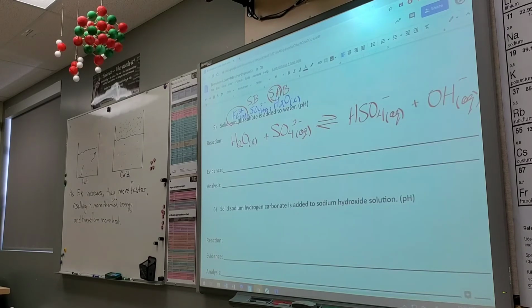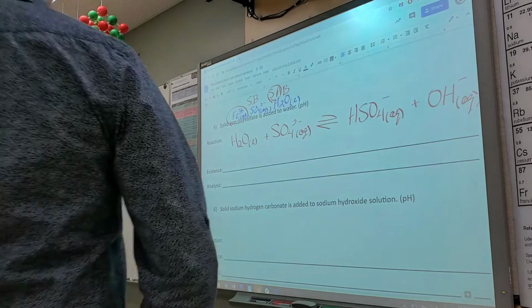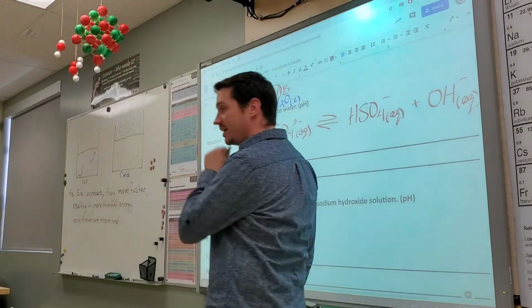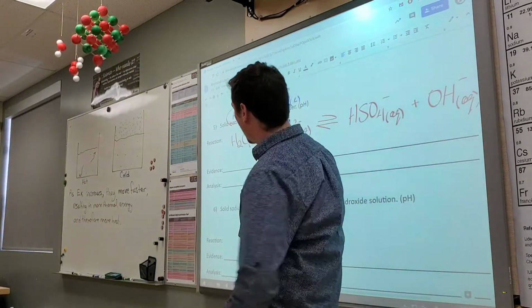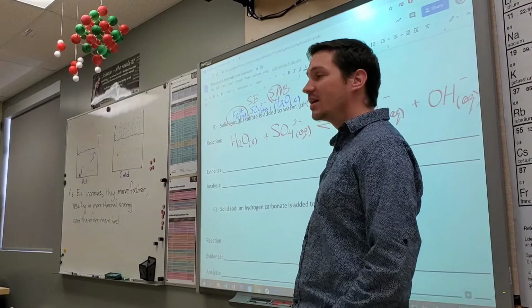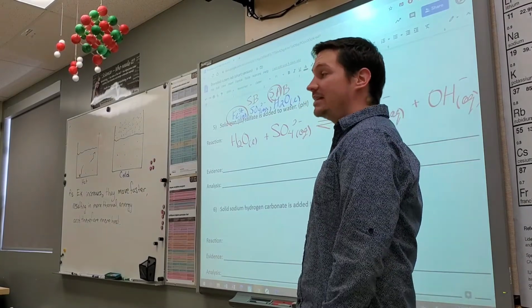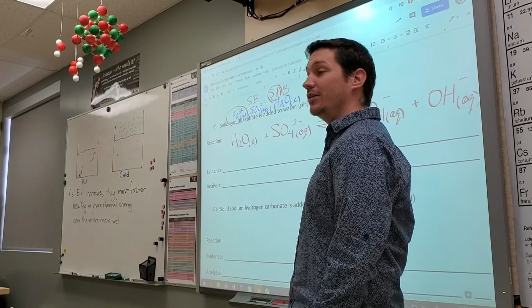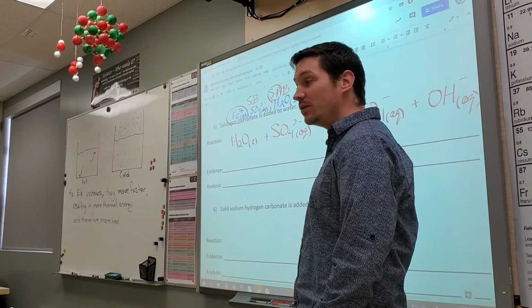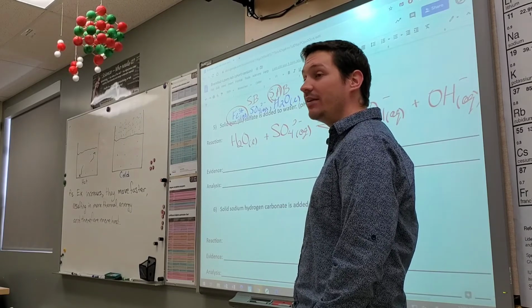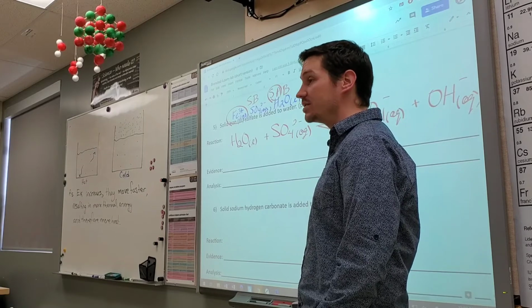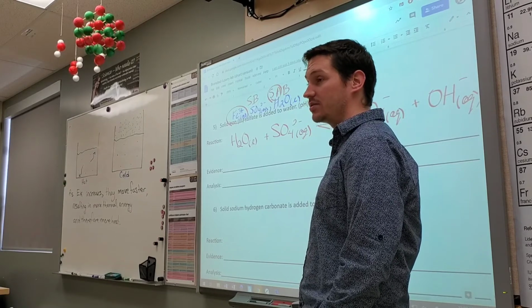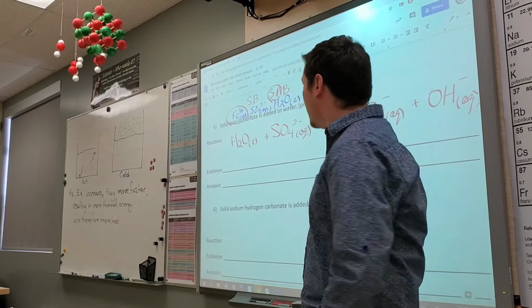So the reason why 4 and 5 are on here, aluminum ions and iron 3 plus ions, is they're a different definition of an acid. There's something called a Lewis acid, and you will deal with Lewis acids if or when you get to university and you start studying general chemistry at a university level.